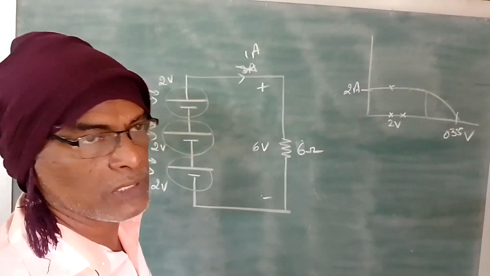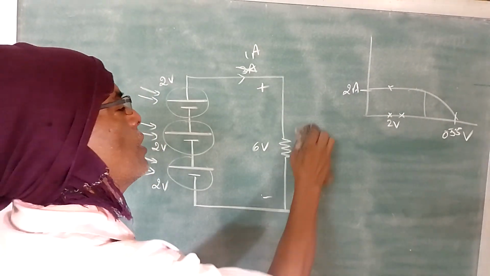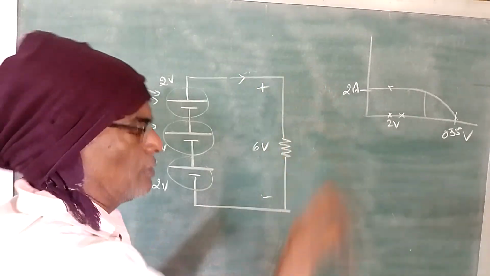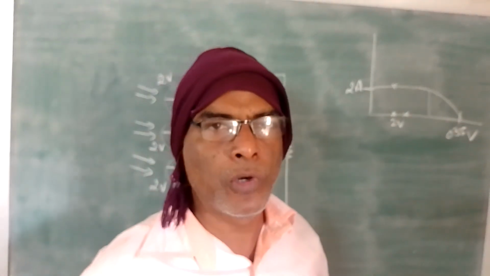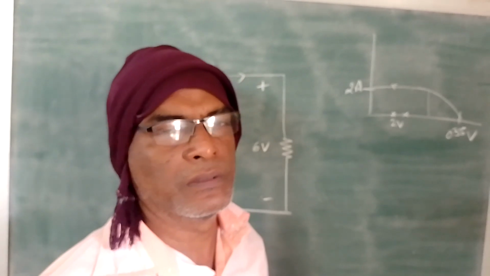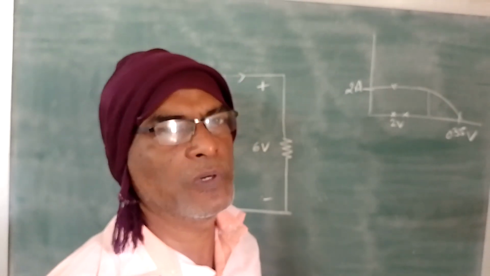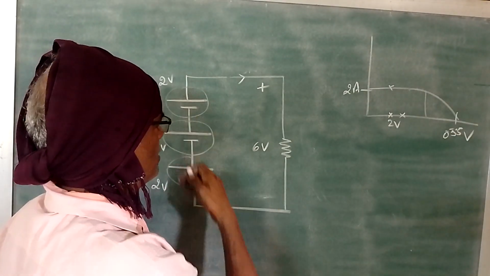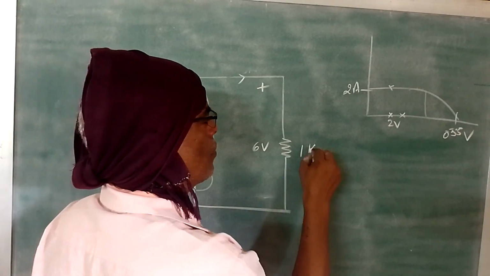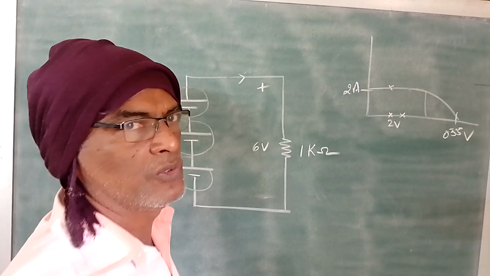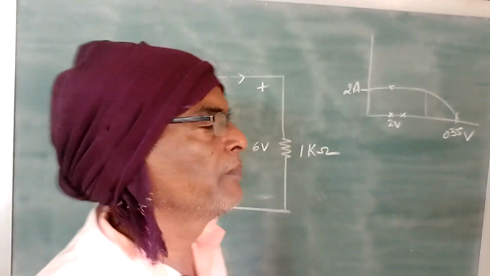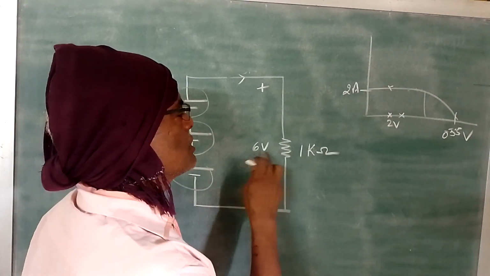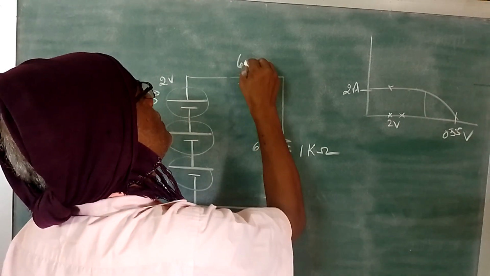But for lab purpose, what I suggest is don't go for ohms. If you are doing laboratory work and testing out the functionality, the basic response of a particular module, if you connect 3 cells in series, I would advise you to put a 1 kilo ohm resistor. So 6 by 1k will give you only 6 milliamps.